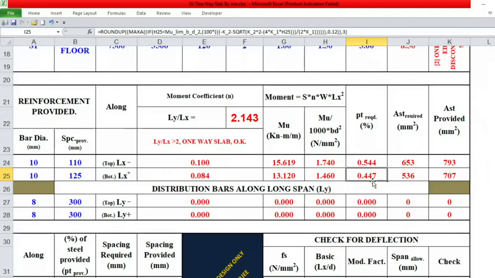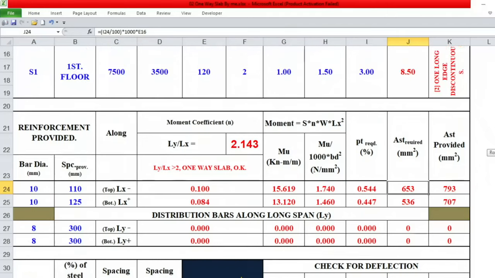Similarly for bottom, AST required, this is percentage of steel. This percentage of steel I24 divided by 100 into 1000 into E60, that is thickness, total gross thickness.